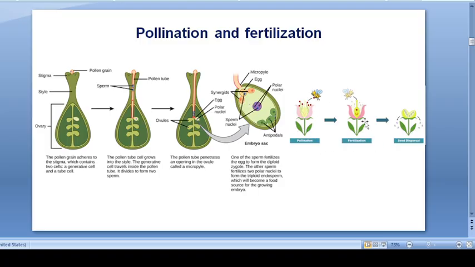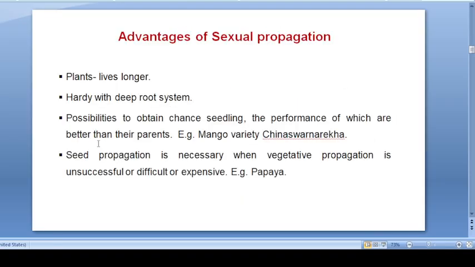After pollination comes fertilization, the anther and the ovule or ovary will get fertilized and it will become a seed. So these things are very basic. You are already aware of this.